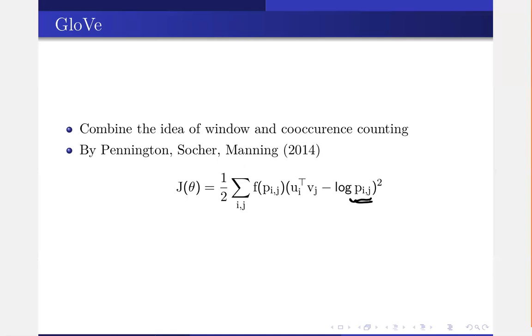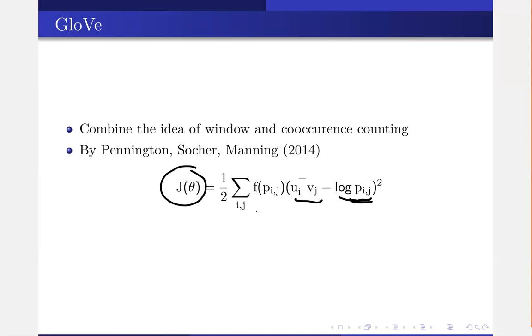But instead of trying to do decomposition using SVD, we take an approach more similar to machine learning training. We try to minimize this loss function here. The loss function is such that this U and V will make it similar to this Pij here. So we want to make this as close as, actually, log Pij here.